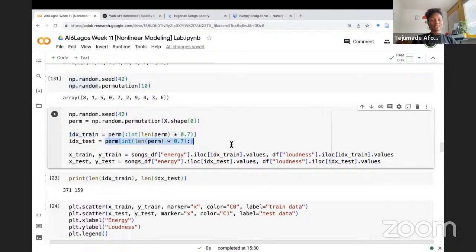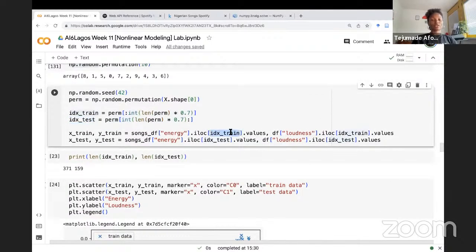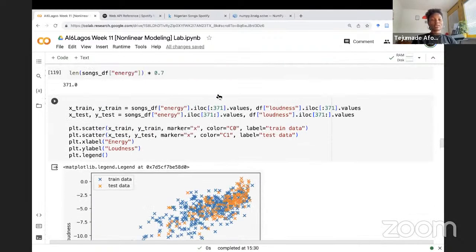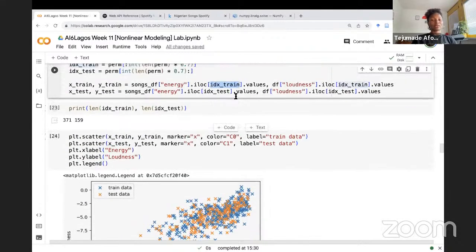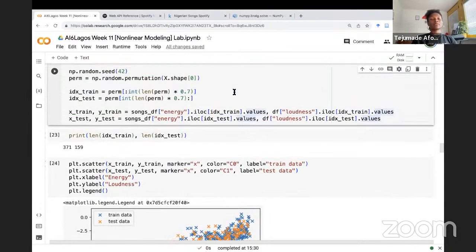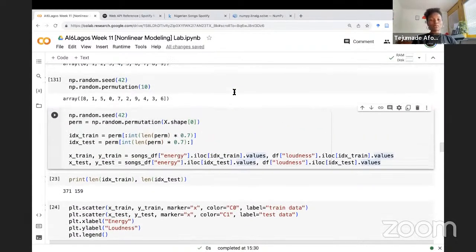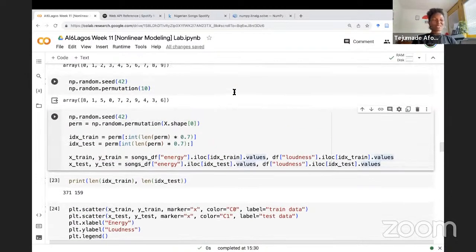And the last 30%, we put it, as we call it, the index, like IDX, index of the train. This is now the index of the test. So instead of just naively choosing, as we have done here, the first 337, we do it a little bit more smartly.